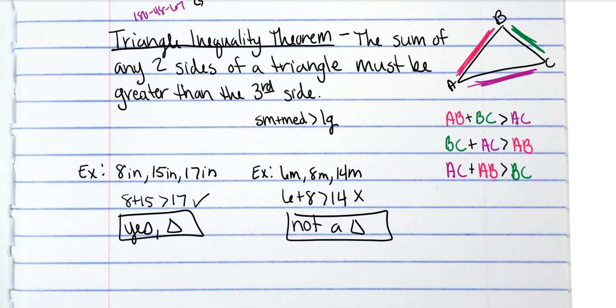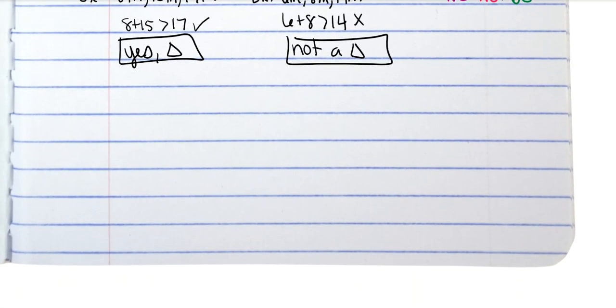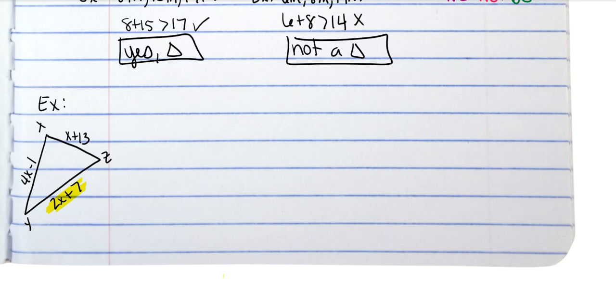All right, but if you are given, I do have enough room. Yeah, I think so. If you're given a triangle, and I'm going to draw it over here so we are given enough room. This is X, Y, and Z. And this is 4x minus 1, x plus 13, and then 2x plus 7. All right. I'm going to color code these so we can keep track of them.